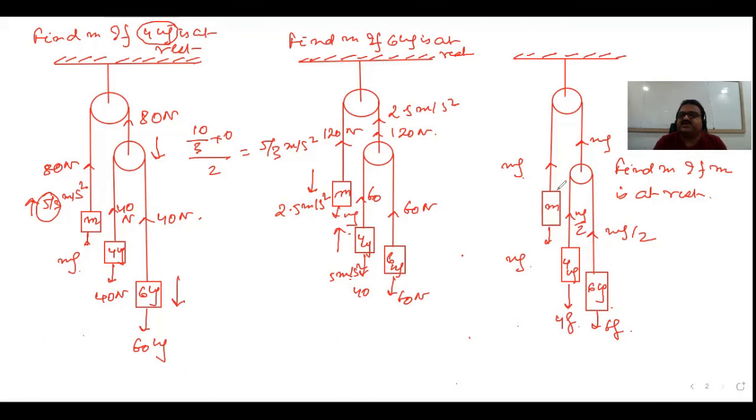Now this is at rest. That means this pulley is not moving. So what we can write? Suppose this is moving down with an acceleration a, this is moving up with an acceleration b. Okay.